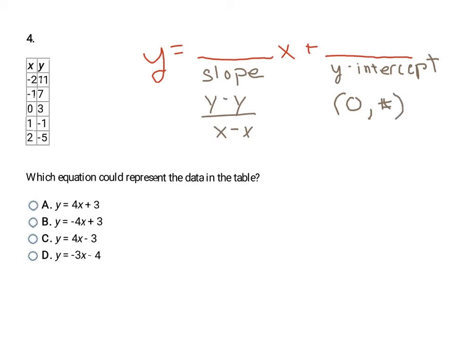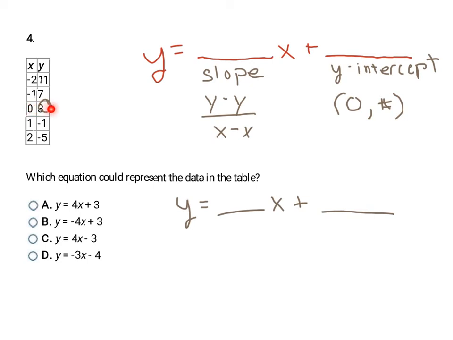So we're going to go ahead and write down our blank piece so that we know we need to fill in numbers. And since it's a table, and we're going to look for the y-intercept number, it's going to be the y number beside an x that's 0. So here's my x that's 0.